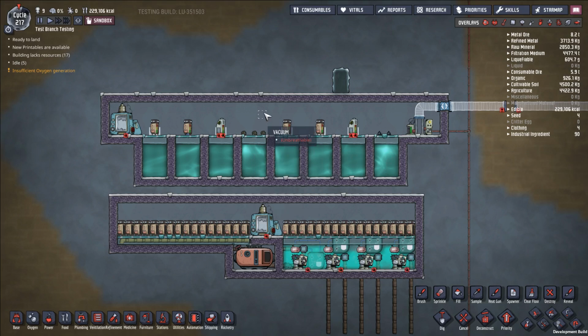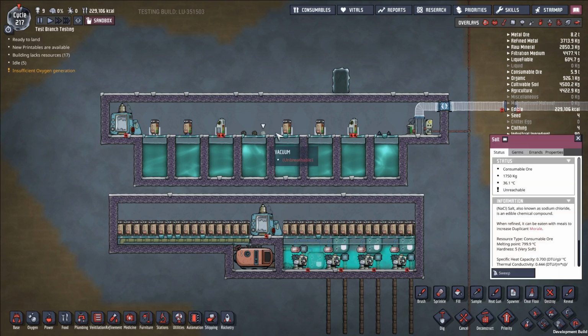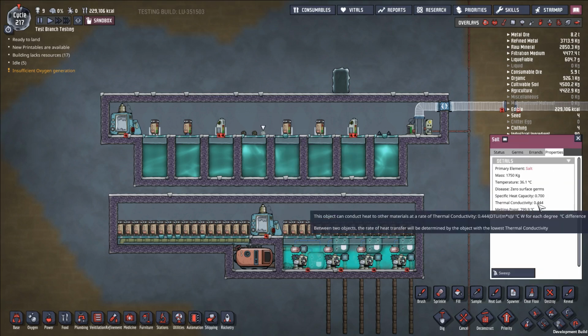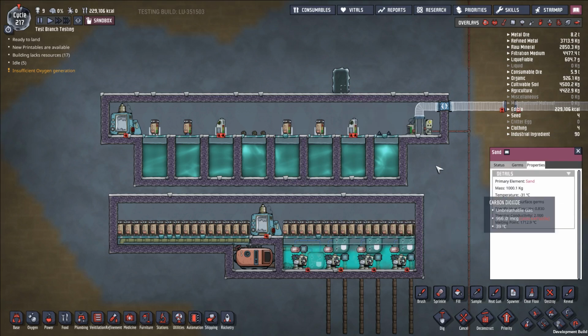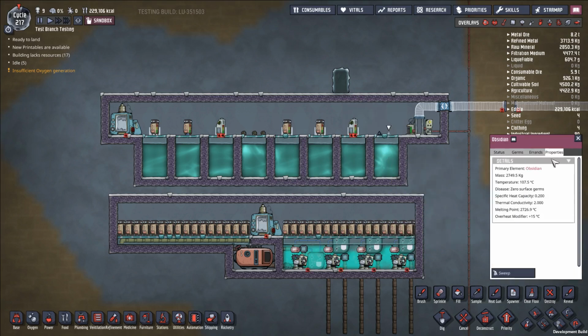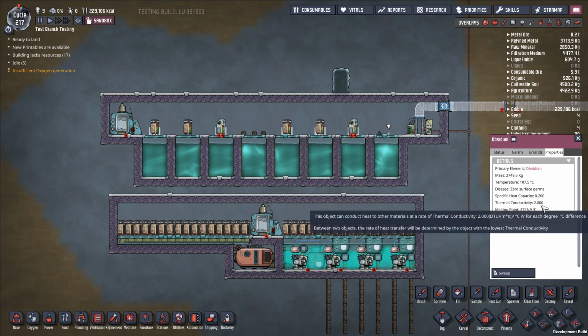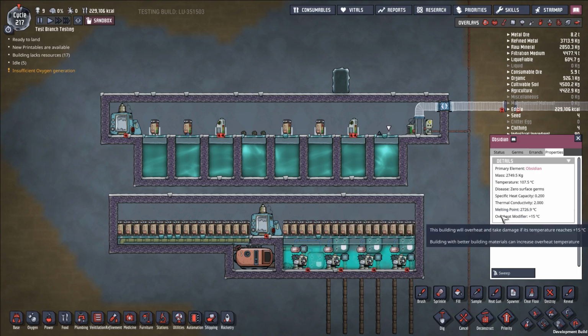So pretty simple, and this is kind of the point where I said that I don't want to use salt, because salt has a thermal conductivity of 0.444, whereas both sand and obsidian have a thermal conductivity of 2. That's more than 4 times the thermal conductivity, because thermal conductivity is going to be one of the rate limiting steps of how much heat we can draw from the system. I decided to go with the obsidian as well.